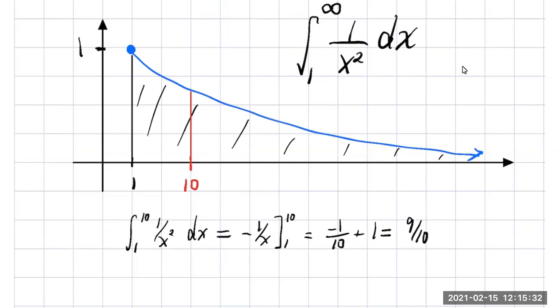Now that's a far cry from the total area. Remember, we're assuming that the entire area is infinite. Well, the next thing I'm going to do is take that number 10 and push it out a little bit further, say maybe to here, and calculate all the area trapped up to the 20.